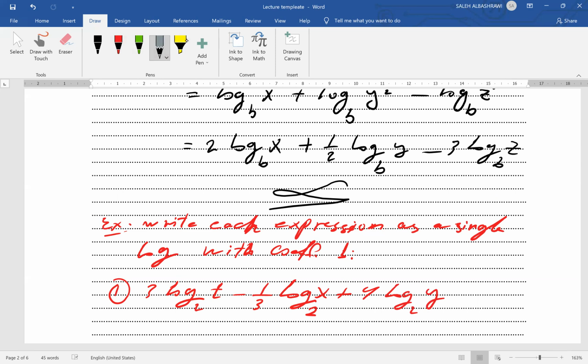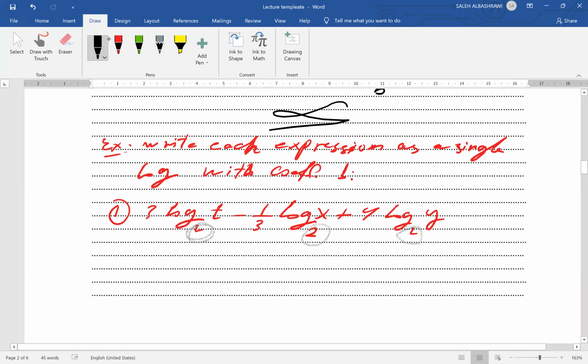You have to be careful about this one. We must have the same base for the logarithms so that I can combine them. If we have different bases, we cannot write them as a single logarithm. Now to write this as one logarithm, let's do it in 2 steps.